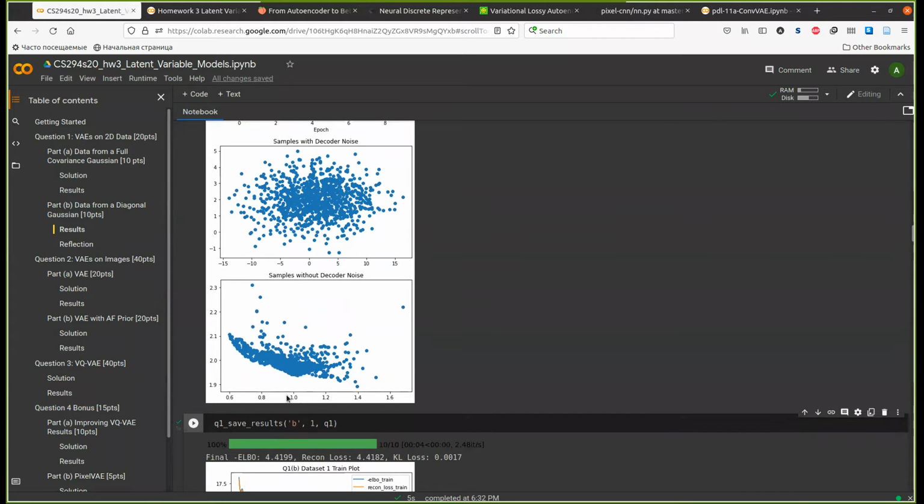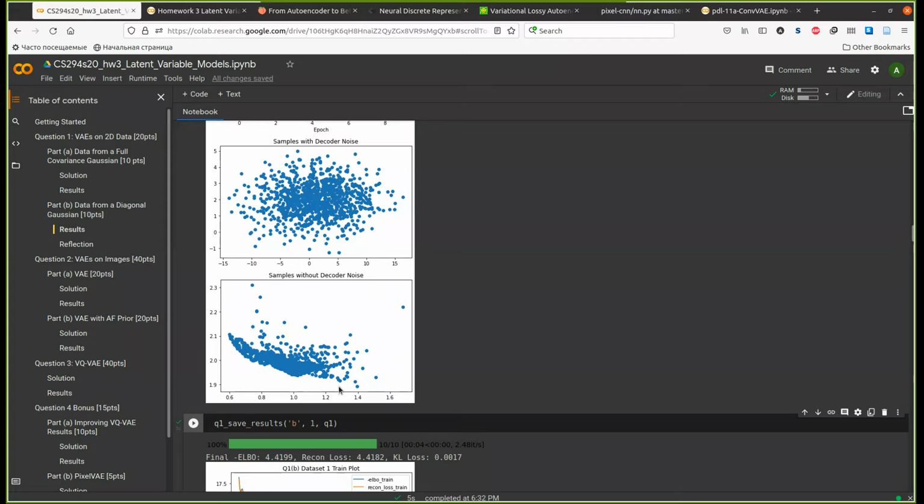And you see that without decoder noise, if you check it closely, the range of the outputs is rather small, and it will be close to the mean of this distribution, right? So because x1 and x2 are uncorrelated, the best thing we can do is output the mean of the distribution.